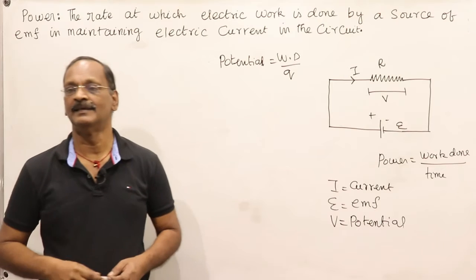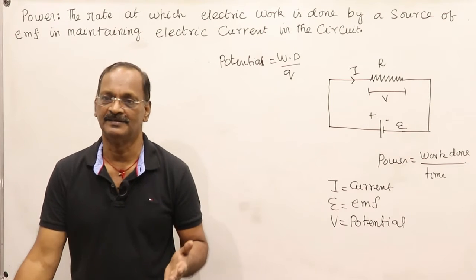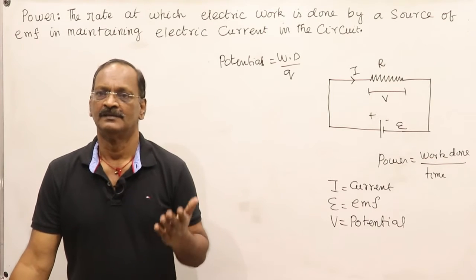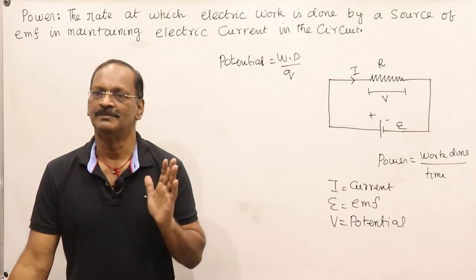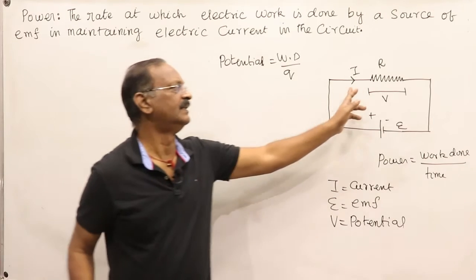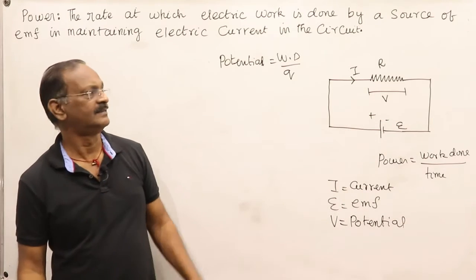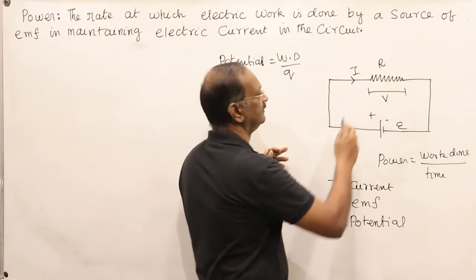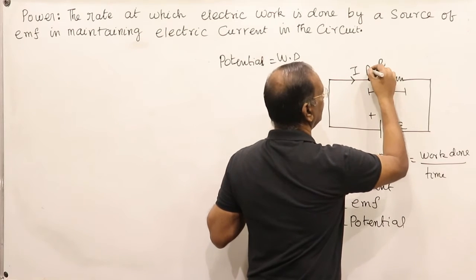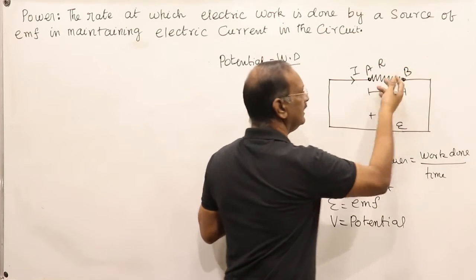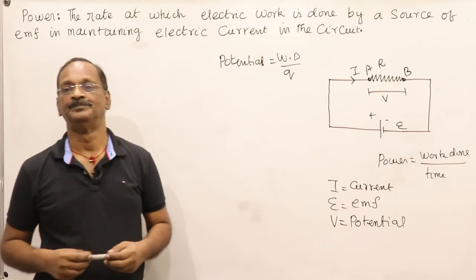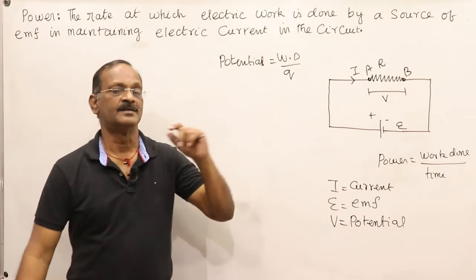I is the current flowing, V is the potential maintained between the ends of the conductor, AB is the resistance, and epsilon naught is the source EMF.